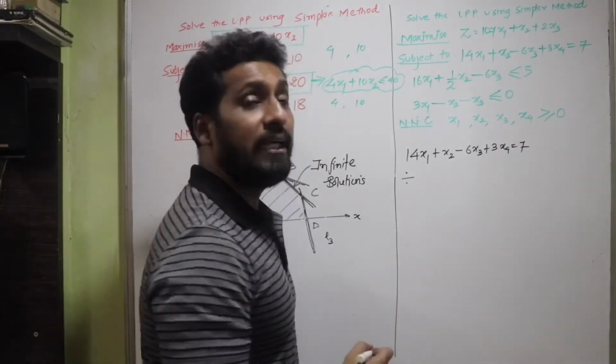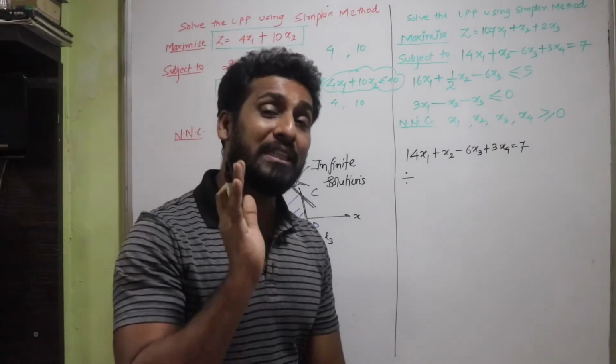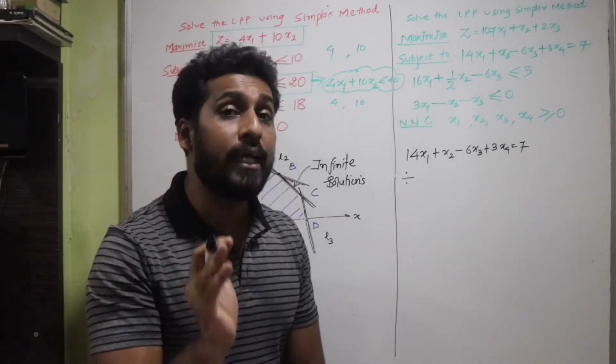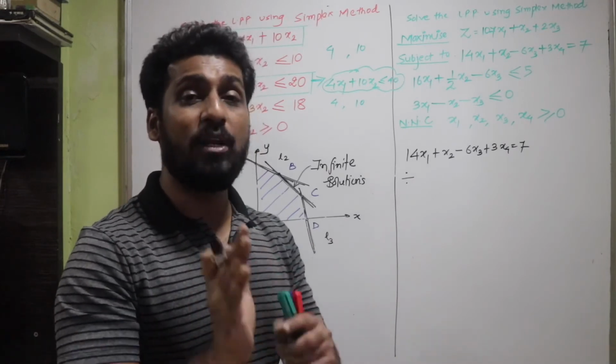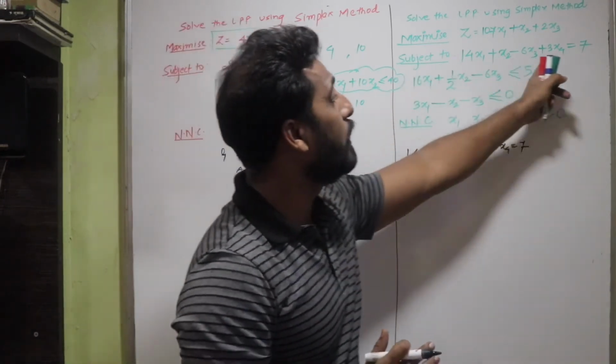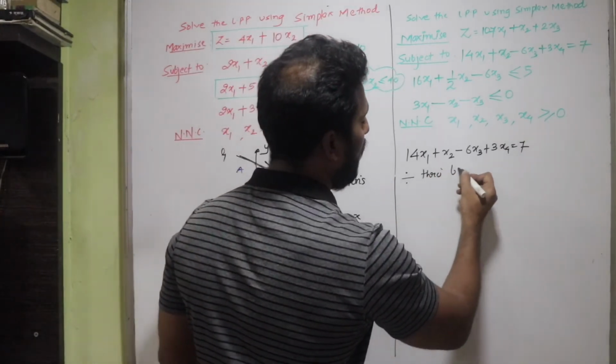I'm going to divide this entire equation by 3, because if you remember, the coefficient of the slack variable is always 1. You remember the slack variables, isn't it? The coefficient of the slack variable is always 1. So I divide throughout by 3.